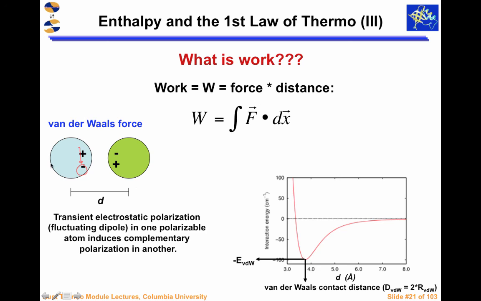Eventually, it became clear that atoms, when you bring them anywhere near one another, will tend to induce these kinds of transient electrostatic polarizations, and that these fluctuating dipoles produce rather strong forces in the end between atoms, even uncharged atoms.